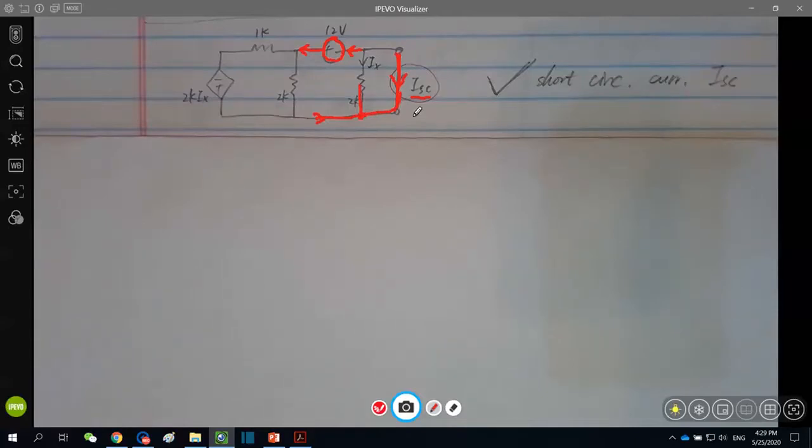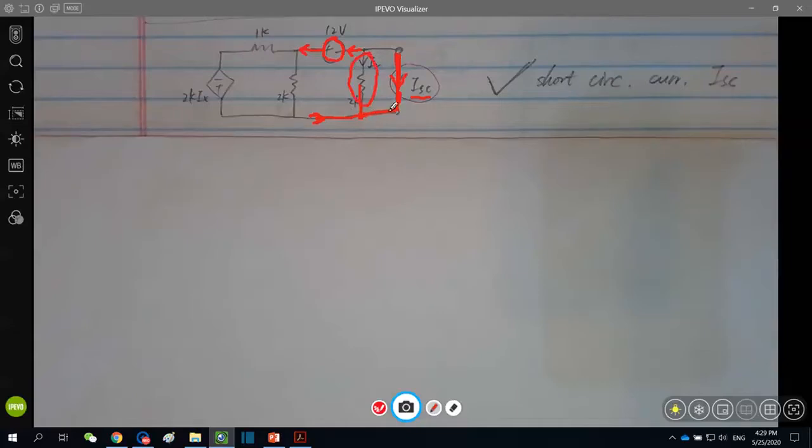We encountered this scenario before, where a short circuit is parallel with another branch. We call it shorting this branch out, which means the current is always trying to flow through the path with minimum resistance, and the short circuit means zero resistance. That means no current is going to flow through this branch at all.